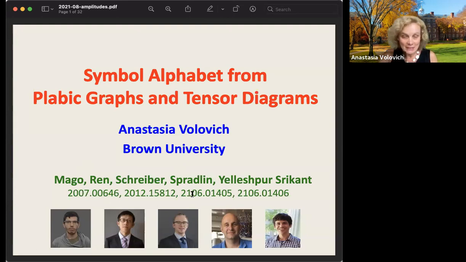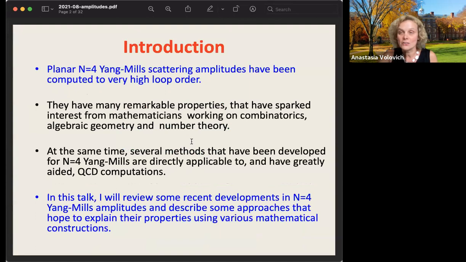So you can see the pictures right here. Okay, very good. So let me start with the introduction. I'll be talking about planar n equals 4. And as you heard from other talks, the amplitudes in this theory have been computed to very high loop order. They've also have many remarkable properties that have sparked interest from mathematicians who work on combinatorics, algebraic geometry, and number theory.